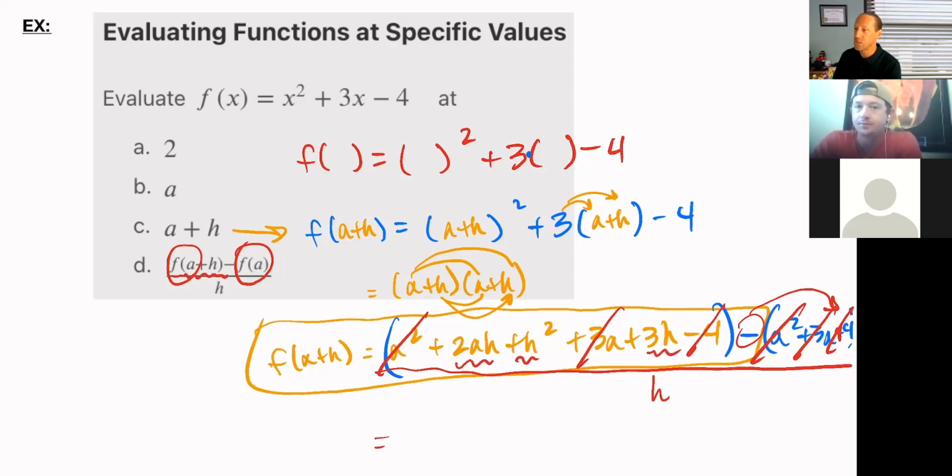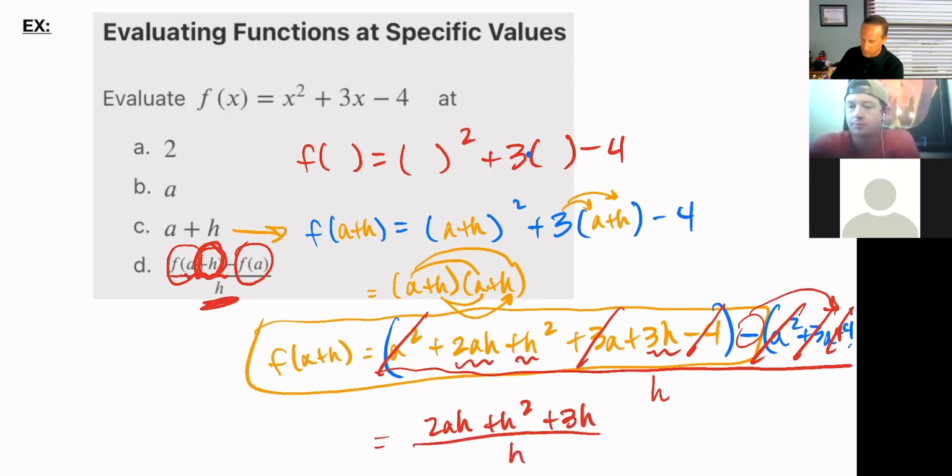The things with h in them, that little additional part that we added over here. So that will give me 2a plus h squared plus 3h. And notice that it had the whole thing over h. Does that mean I just get to cancel this h and that h? No, very good, because this whole division bar meant that they wanted you to divide this h into all of them.